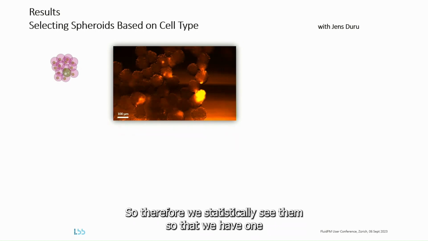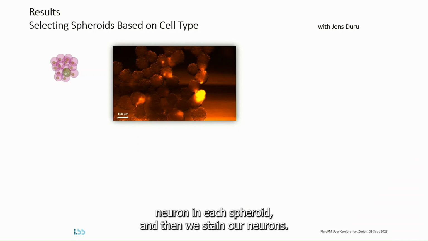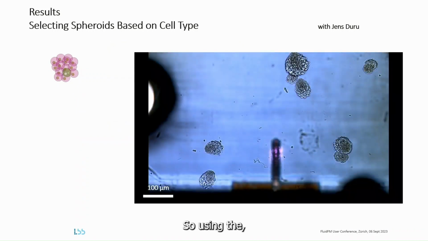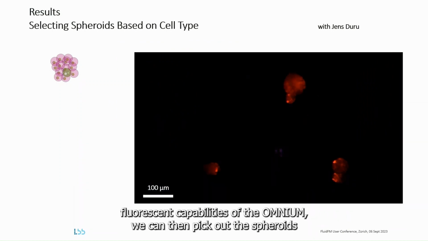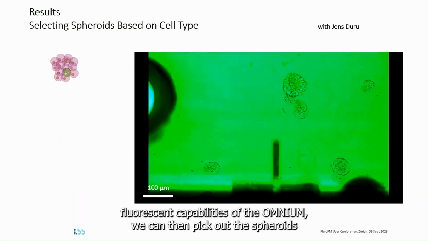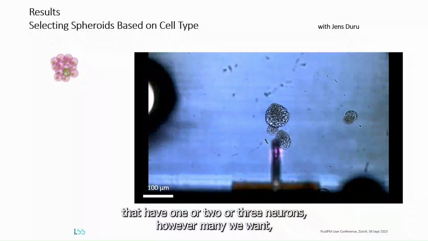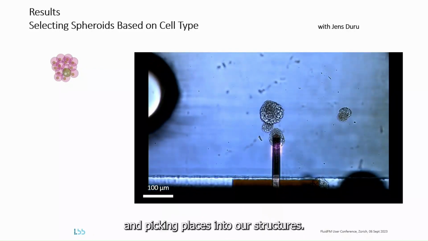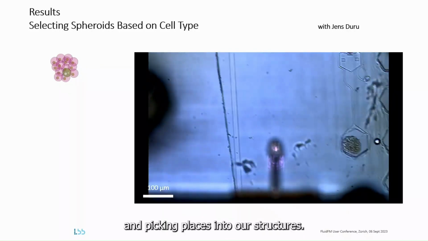So therefore, we statistically see them so that we have one neuron in each spheroid, and then we stain our neurons. So using the fluorescent capabilities of the OMNIUM, we can then pick out the spheroids that have 1, 2, or 3 neurons, however many we want, and pick and place these into our structures.